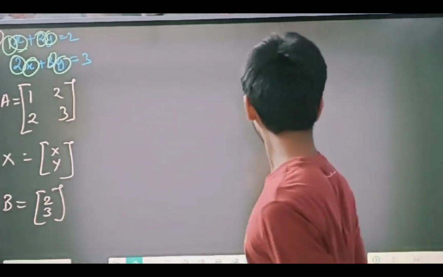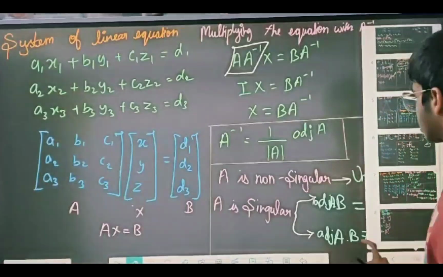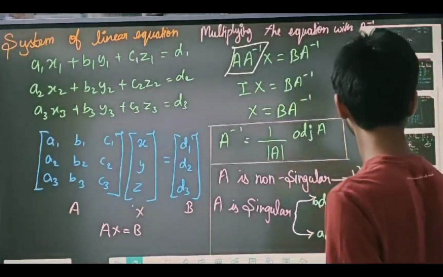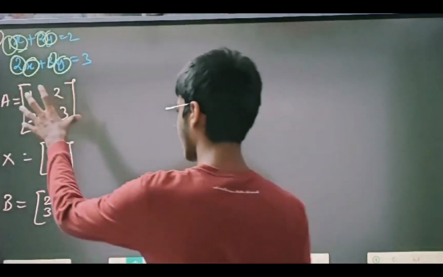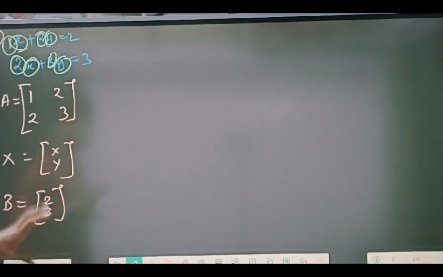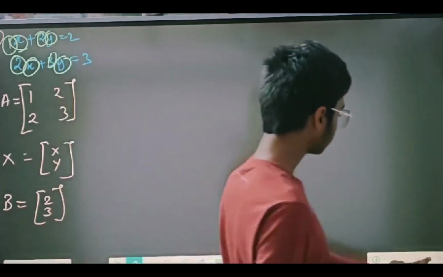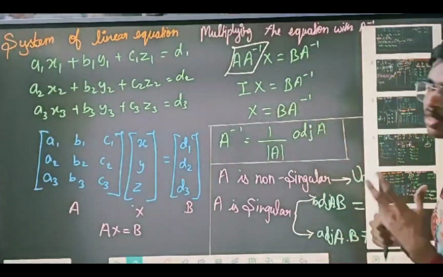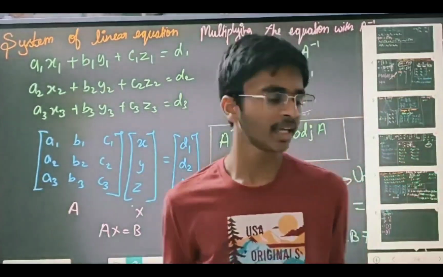Now you have got these, and you can put them in this formula. So I've got A, I've got X and I've got B. But in this formula, B we have, X we have, but A inverse we don't have. So you have to find A inverse.